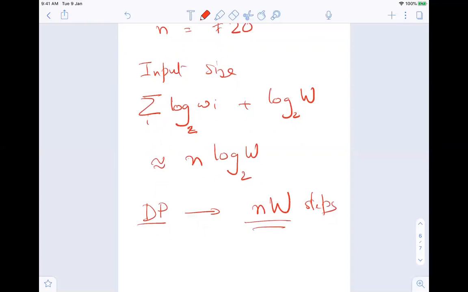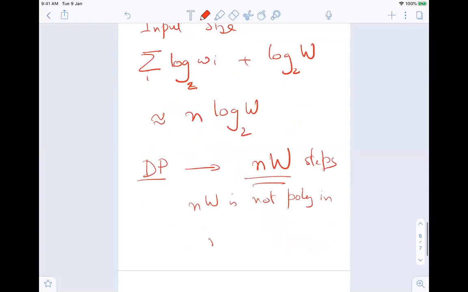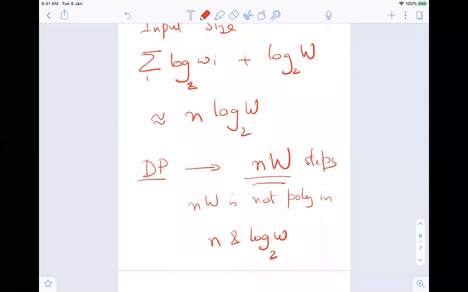Because nW is not polynomial in n and log W. It is exponential in that, because W is exponential in log W. Is it clear? This is a very subtle point, but it's a very important point.